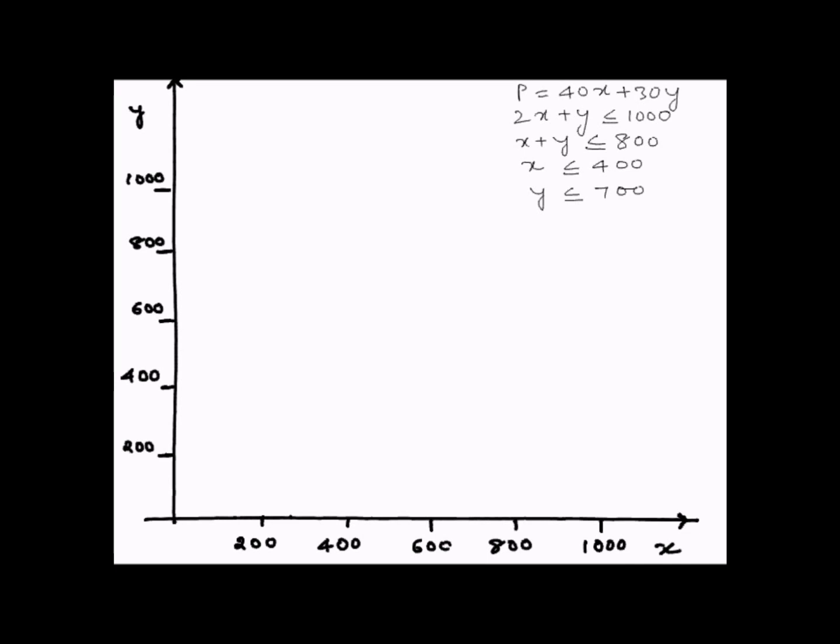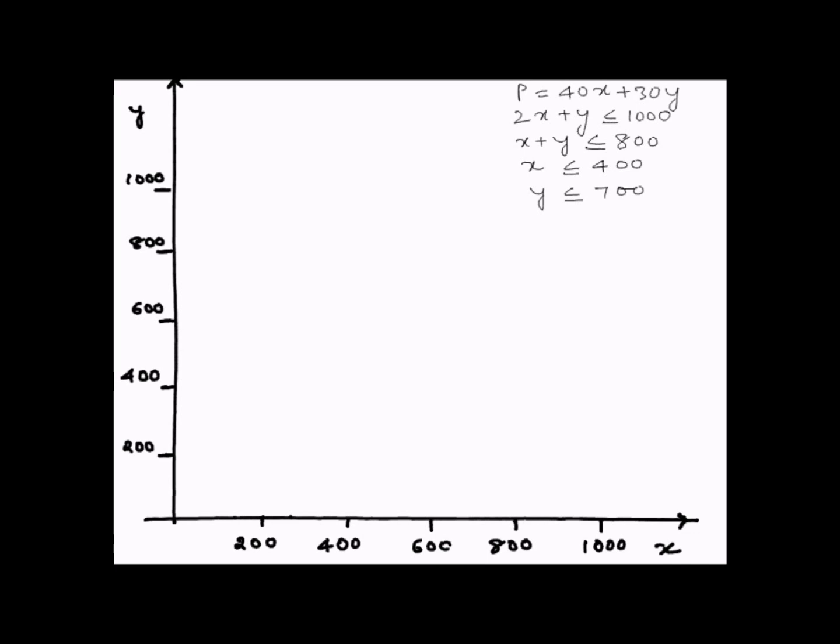Now, since the non-negativity restriction on linear programming models is that x and y, or the decision variables, should be greater than or equal to 0, we are considering this graph to be the first quadrant where both x and y are either 0 or positive.